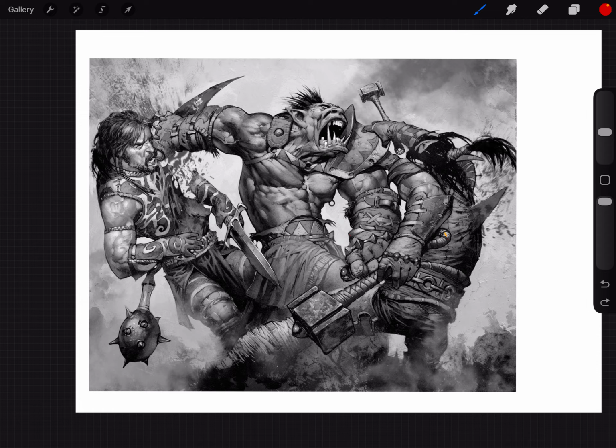Typically, whenever you think of a story moment that you're going to illustrate, you want to illustrate the moment right before something happens or right after something happens. But he's doing something in the moment of it happening, right? He's ripping these two guys to pieces. And it creates this really dynamic feel to it. It feels very much like a comic book, right?